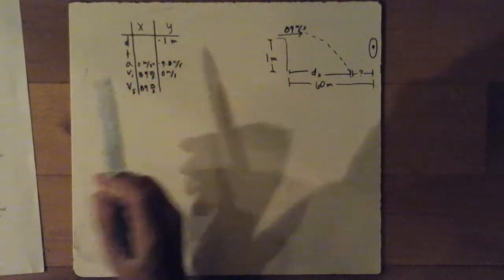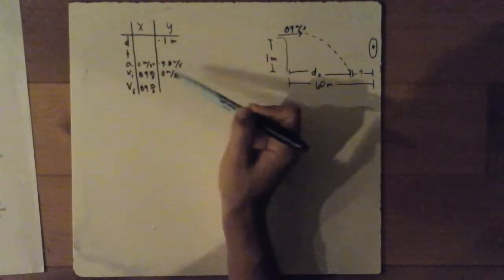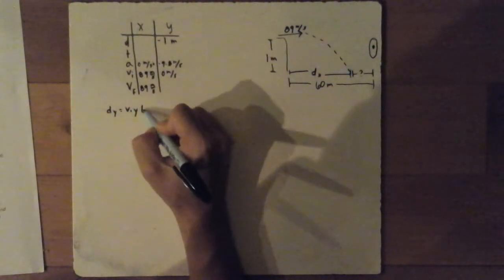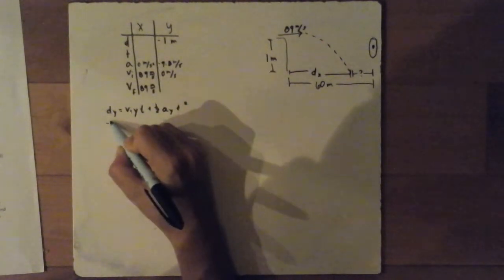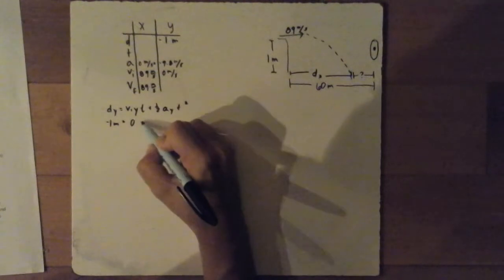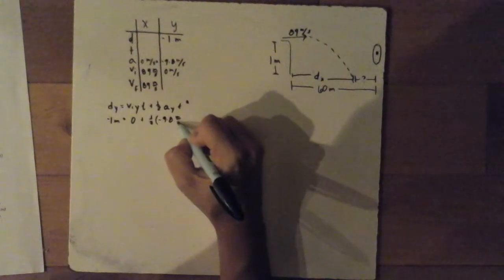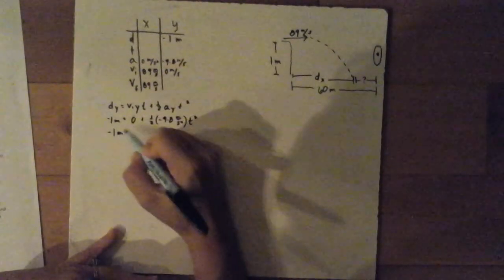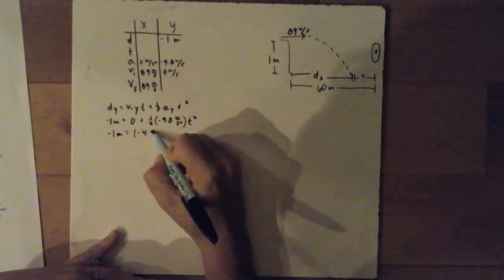Now this is just the same as problems 1, 2, 3, and 4. We're going to use y to find the time and x to find the distance. To simplify this, 1/2 of negative 9.8 is negative 4.9.